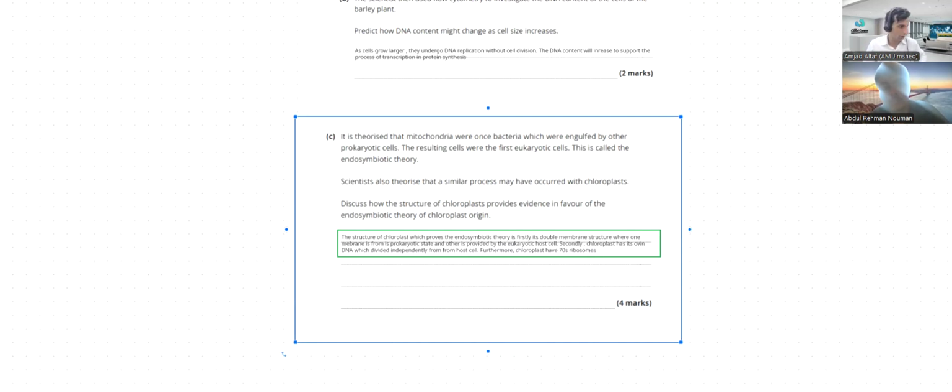It's easy for the examiner to understand and read. But Abdullah has to work on this. Done? I think I have only read 2 points yet, so I'm also writing about the 70S ribosomes as well.